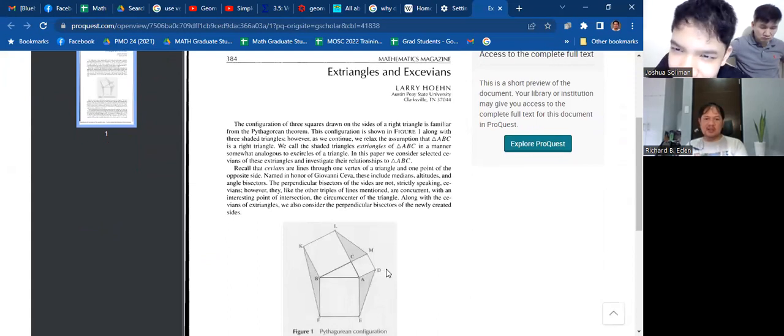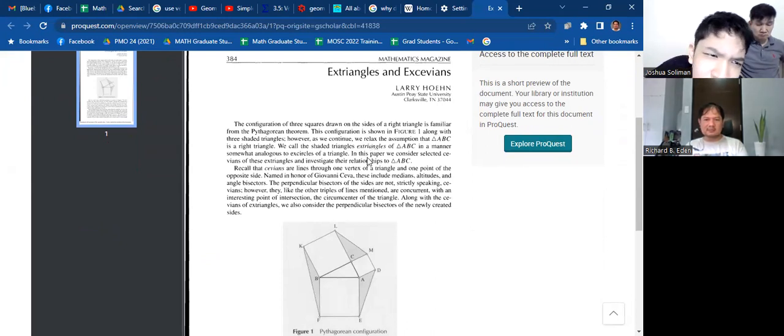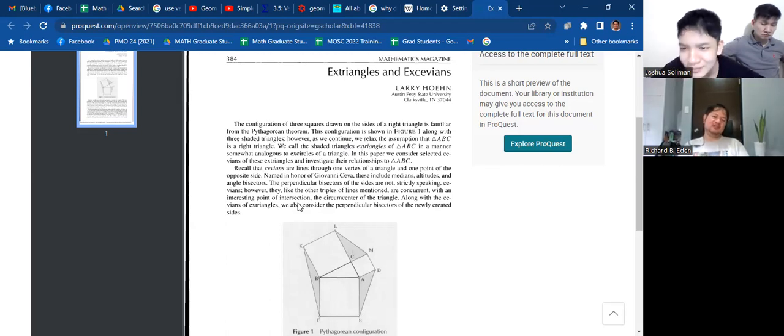Actually, their usage of excentral triangle here is different. The excentral triangles of triangle ABC are those three shaded triangles. So this is different. What do you call that?